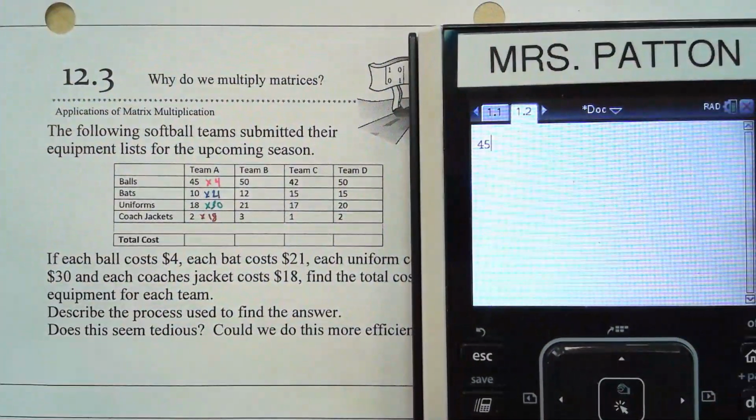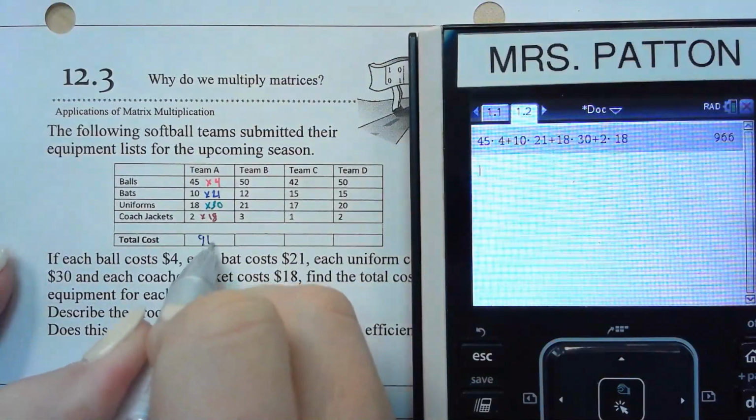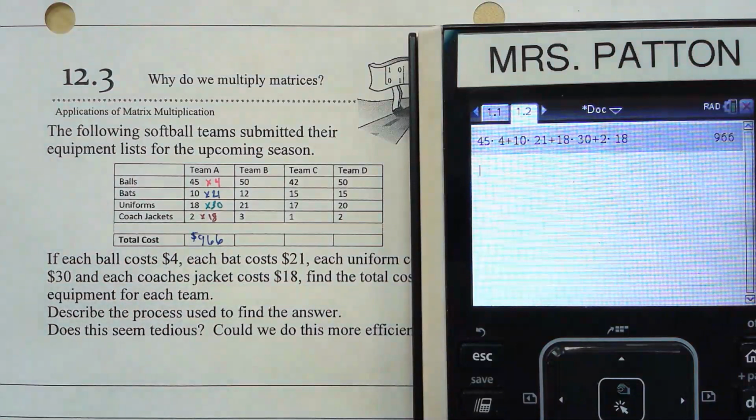We would do 45 times 4 plus 10 times 21 plus 18 times 30 plus 2 times 18, and we'd get $966. So team A costs $966.